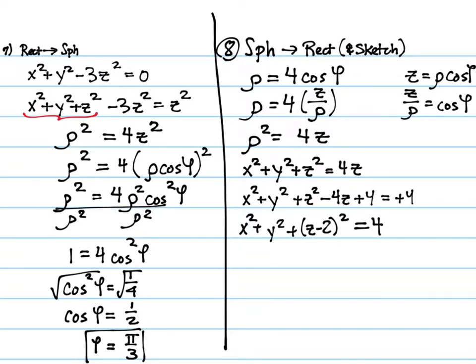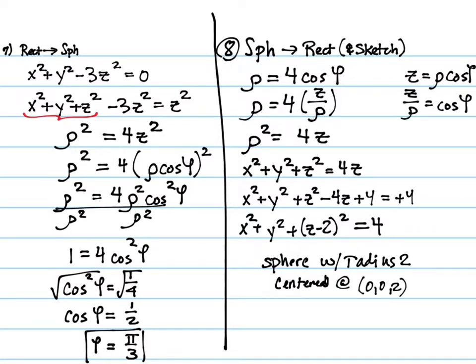So generally speaking, it is an ellipsoid, but really specifically, it's a sphere. So this is a sphere of radius what? Yeah, with radius 2. Where is it centered? Centered at 0, 0, 2.